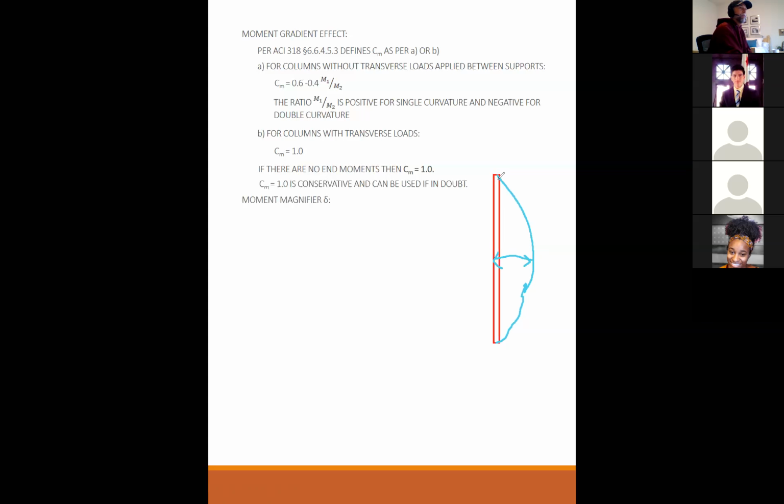But if I had a moment diagram that looked maybe something like this, now the deflection at midspan is less than the maximum deflection over here.